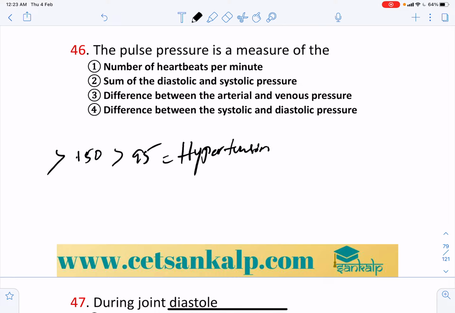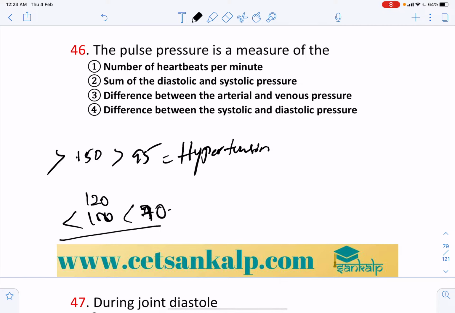And similarly, in the case of hypotension, if the pressure is less than 120, it may go down to less than 100 and less than 70.